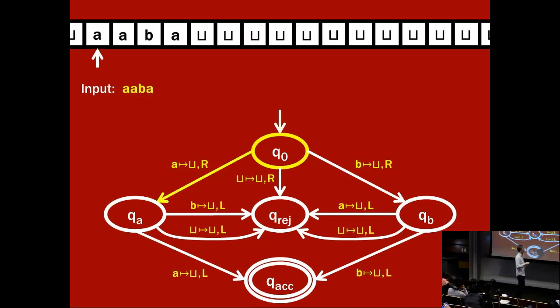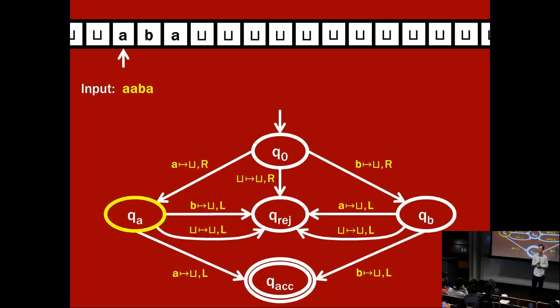Yeah, exactly. So you look at what cell in the memory you're at, A. So you follow the arrow that starts with A, which is this one. And that tells you to write a blank into this cell and move the head to the right. So we put in a blank and move the head to the right. And now we got into this state, QA. So, OK.